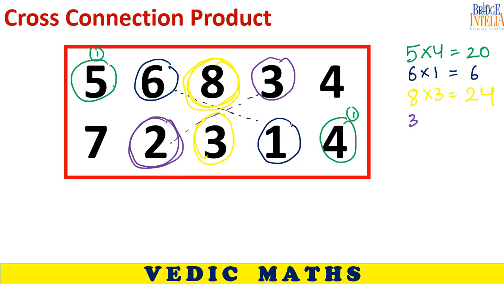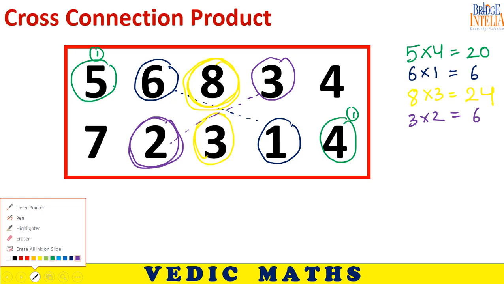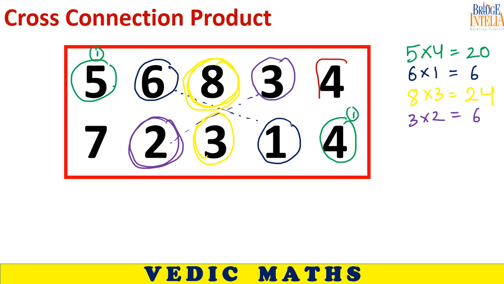So 3 into 2, 6. Now last connection. This 4 is connected with this 7. So 4 sevens are 28.